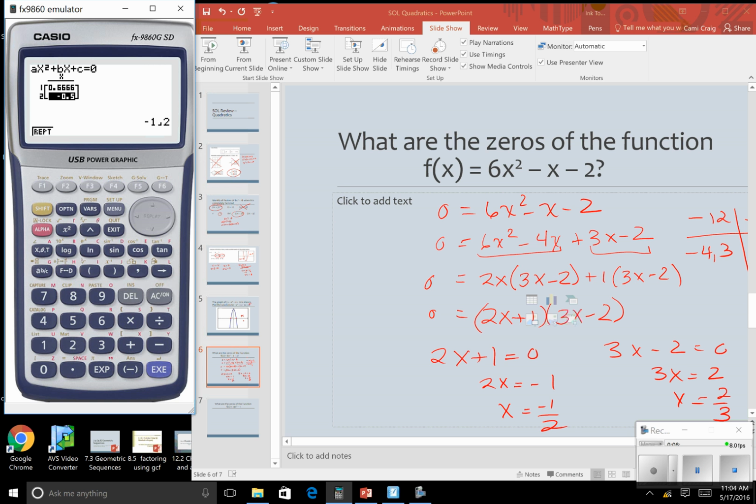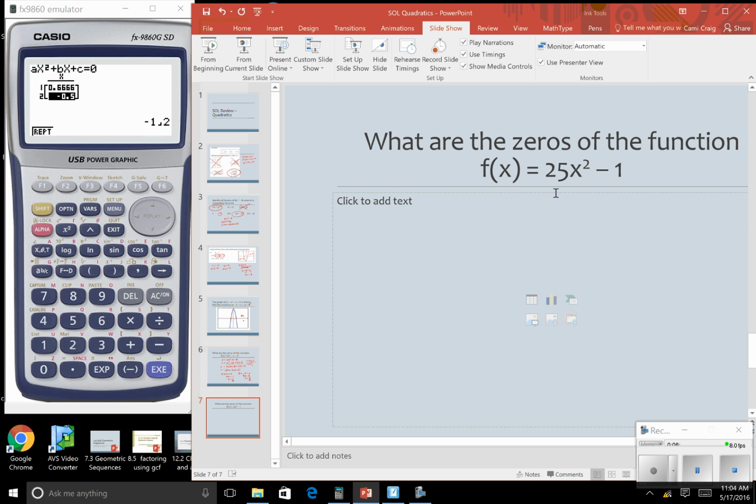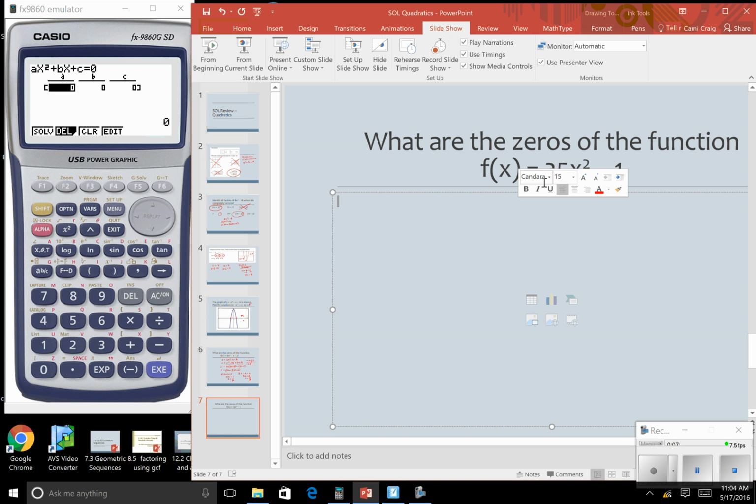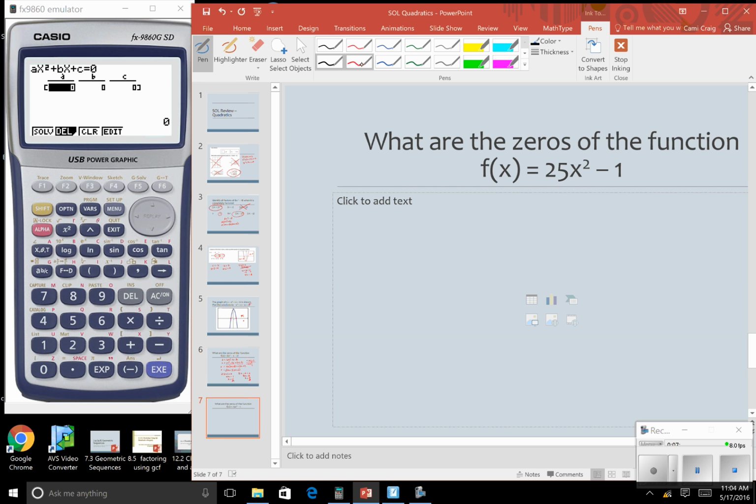Okay, let's do one more example. What are the zeros of the function 25x squared minus 1? Since we have the graphing calculator up, I'll do it with the graphing calculator. I can clear this and start over. So here, remember that your A is 25 because it's in front of the x squared.